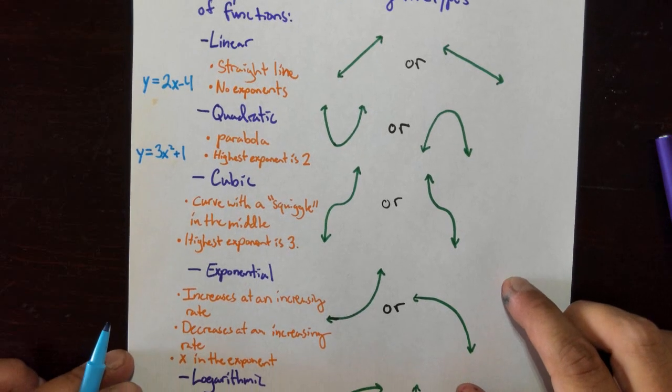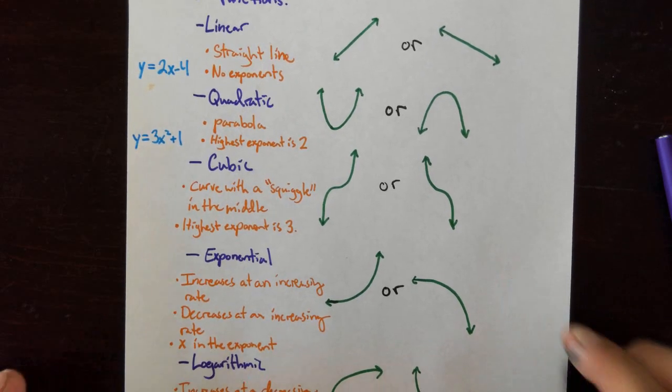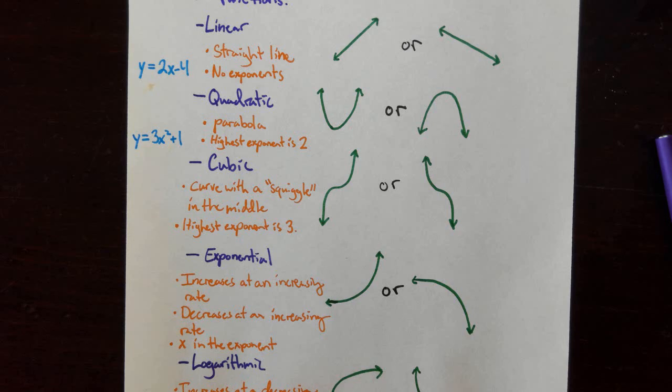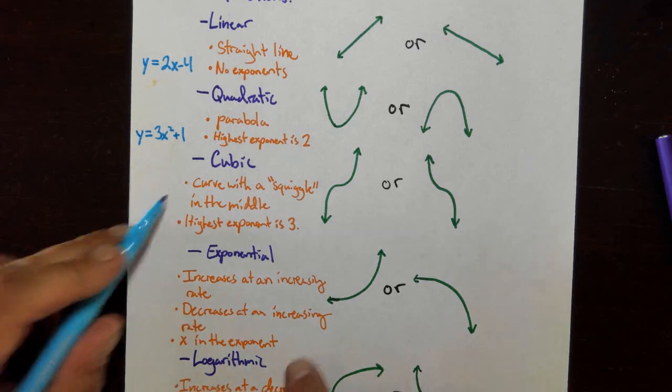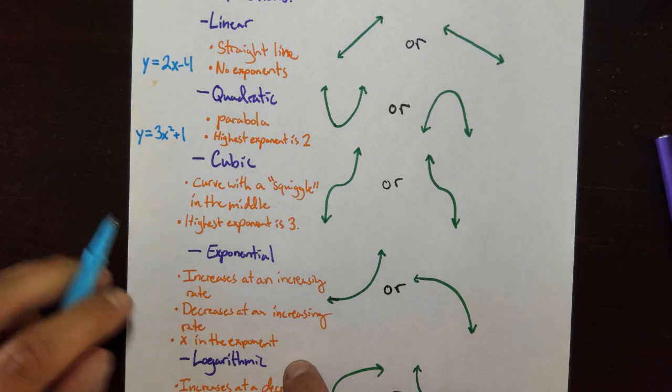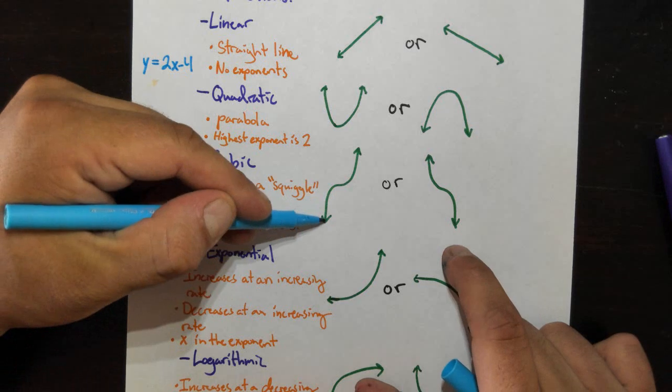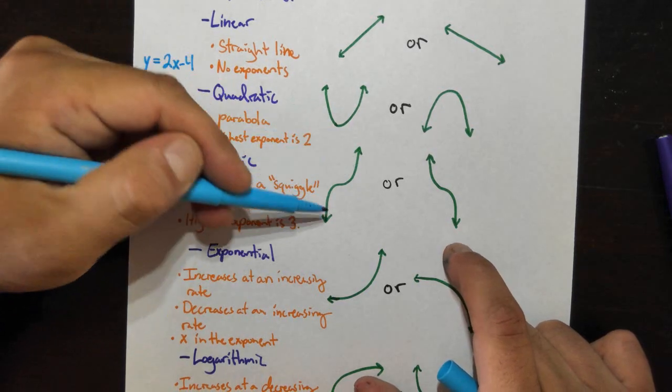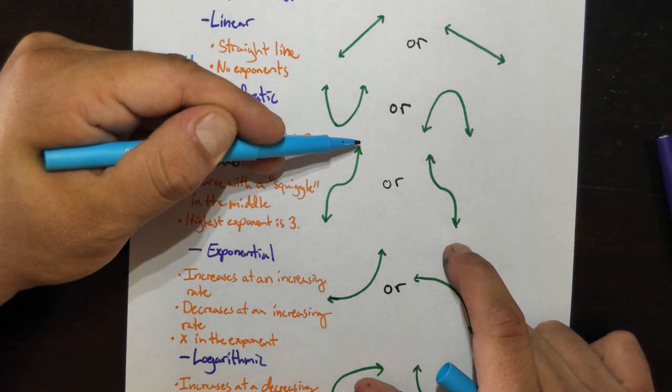And then we have cubics. Now, cubics we haven't really discussed too much. These would probably be the newest ones to us, but I know for a fact that we've seen them before. Cubics are, I would describe them as a curve with a squiggle in the middle. So notice the whole time it's curving, right? But we kind of change directions here in the middle.